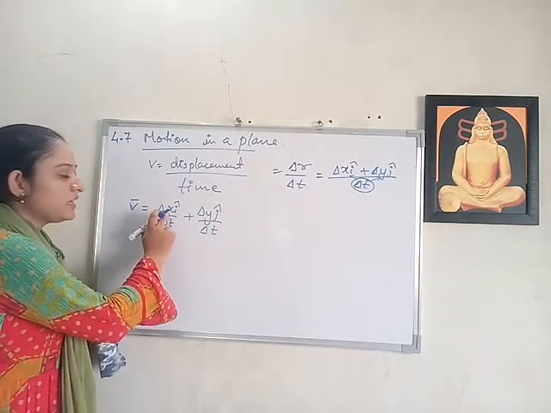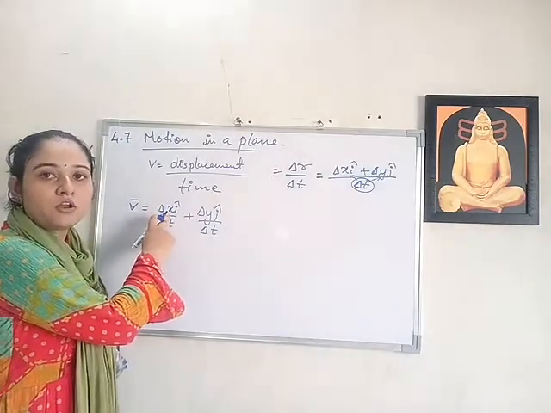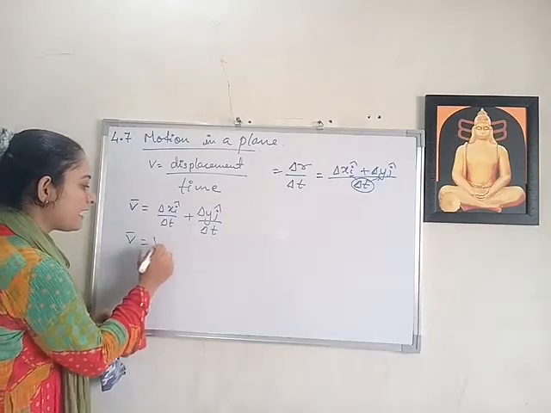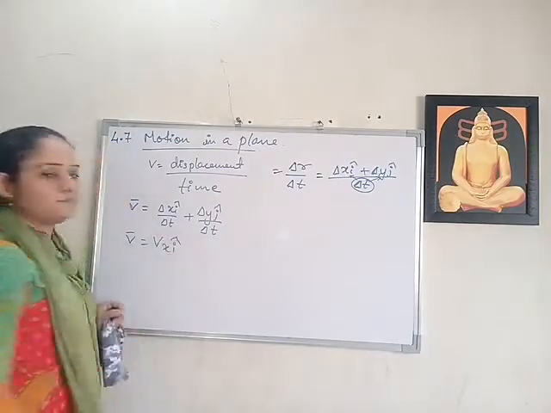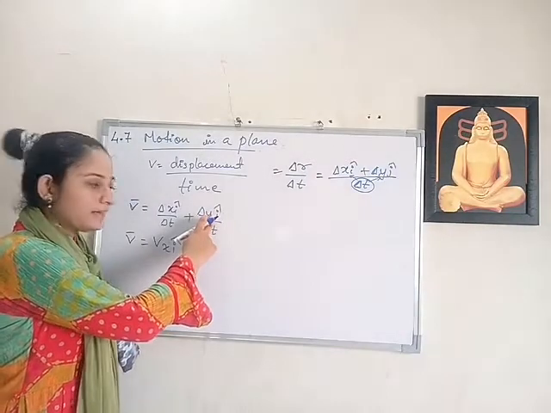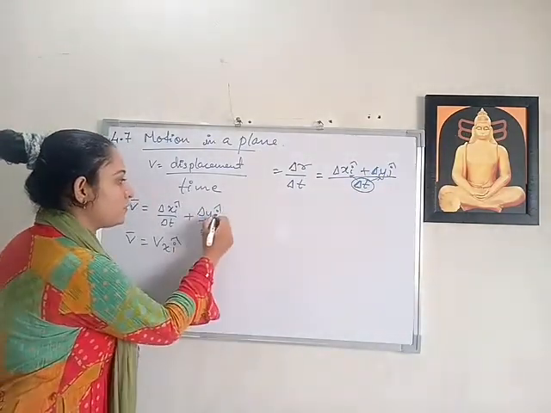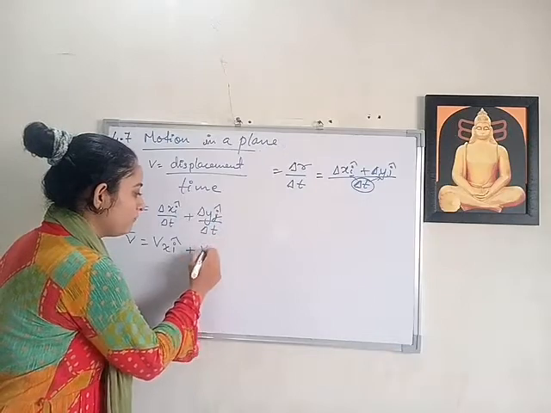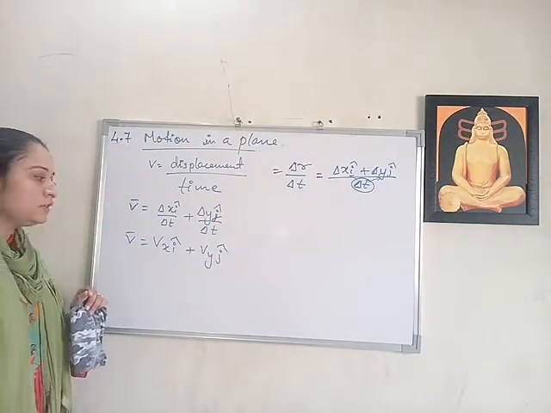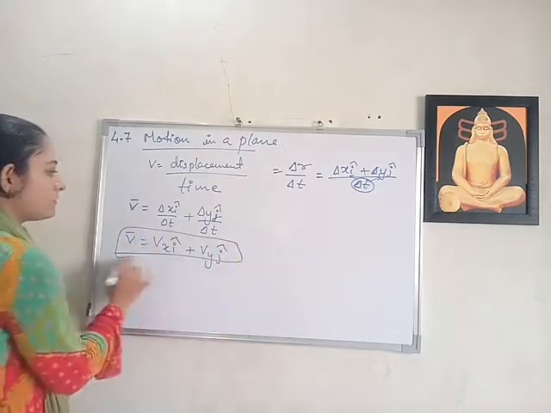So change in position along x-axis per unit time can be written as vxi. Change in position along y-axis, or the j component, that is vyj. Clear? So this is your average velocity.